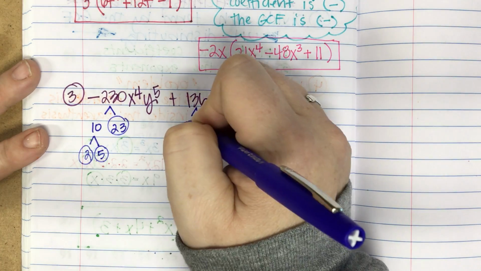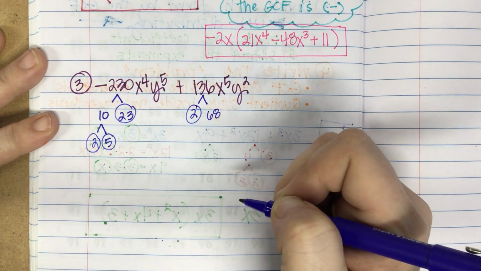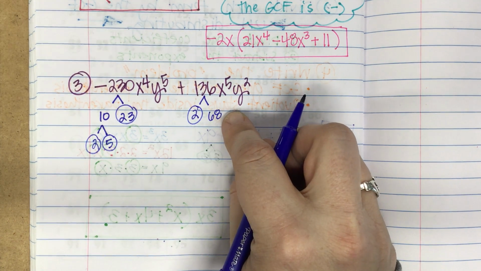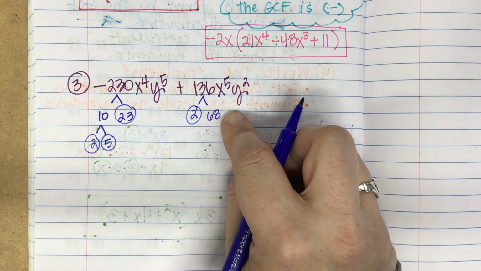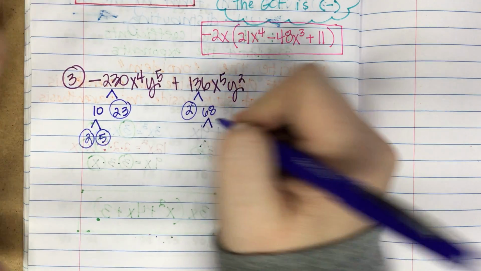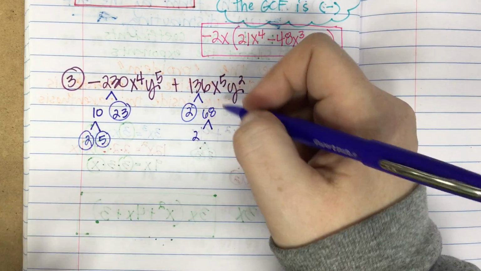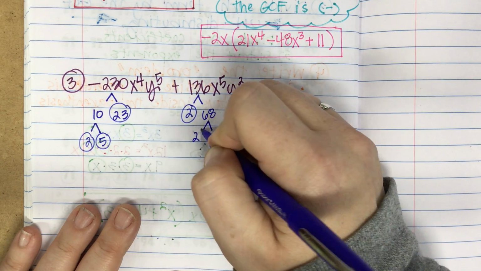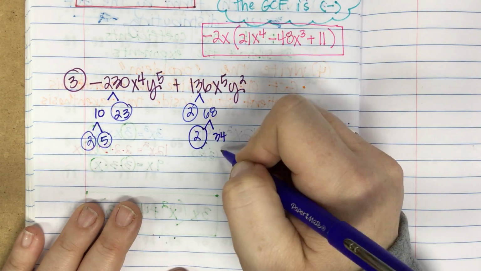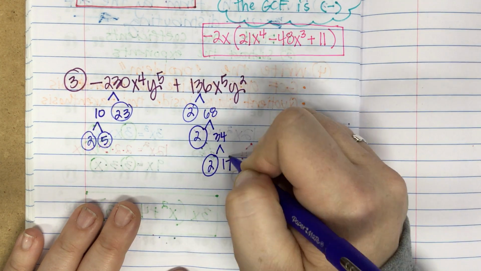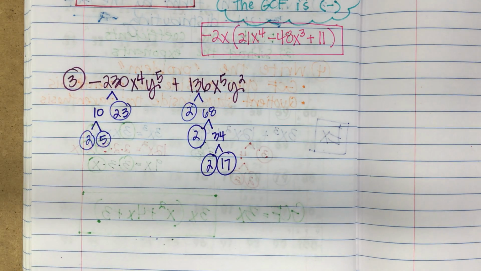2 and 68. 68 isn't on my factor squares, so I could go in there and figure out what it is, or I can just keep going with the whole 2 thing. It's even, so it's 2 and 34. And 34 is even, so that's 2 and 17. And 17 is prime.